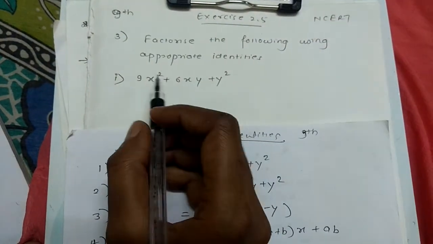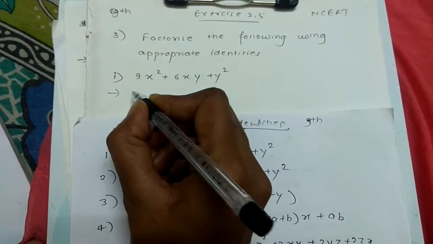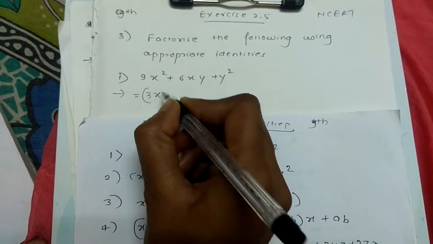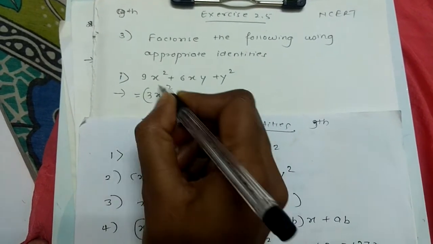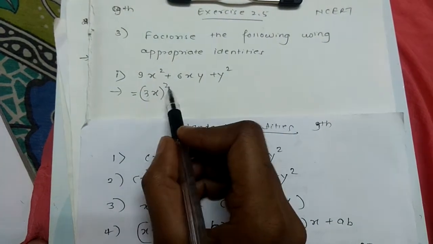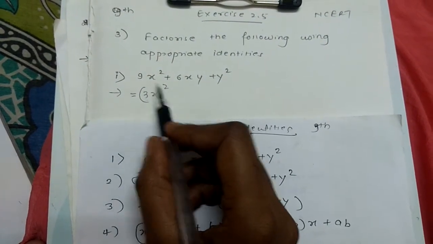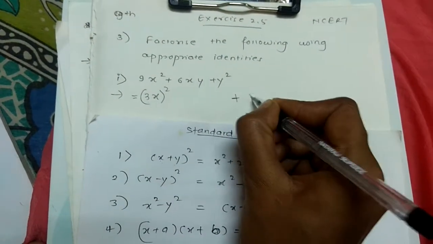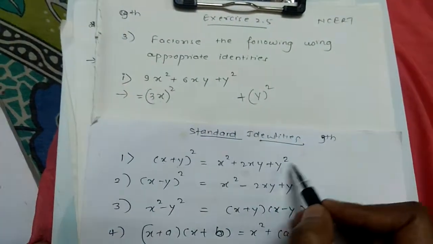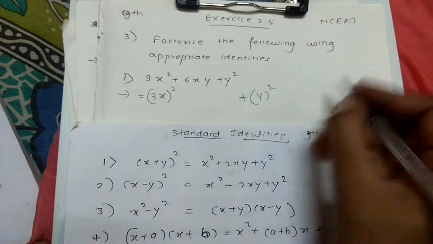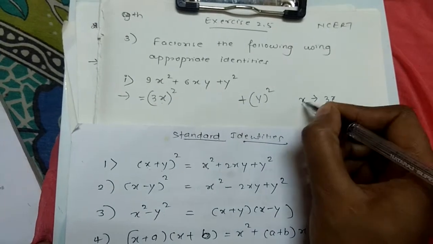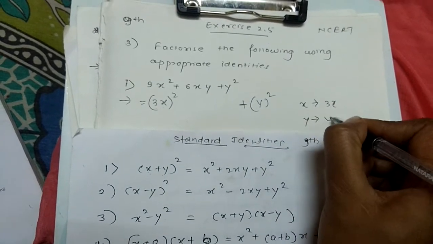So in place of x we write 3x whole square. We write the square for the whole term, so that the value does not change. 3 square is 9 and x square is x square. Next y. So here our x is 3x, that is the first term, and the second term is y only.